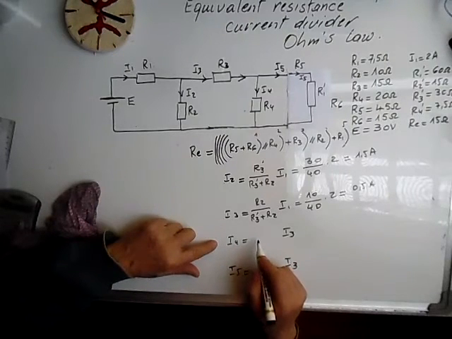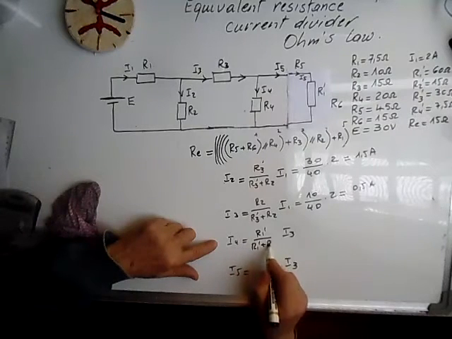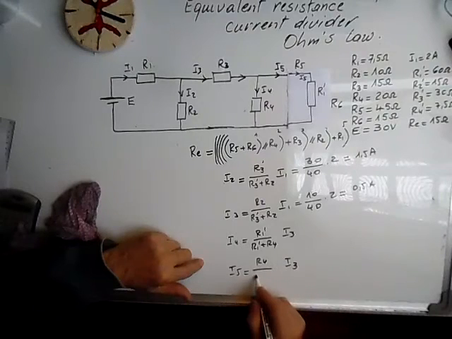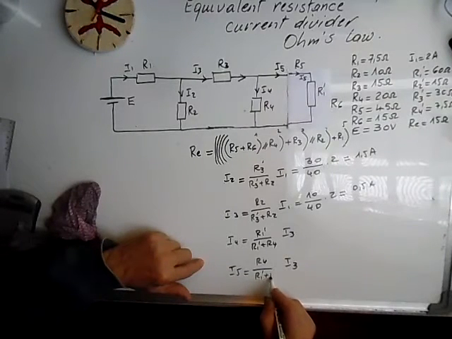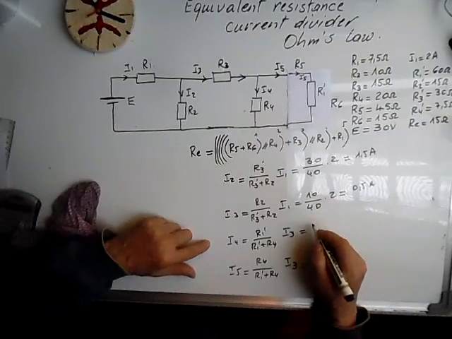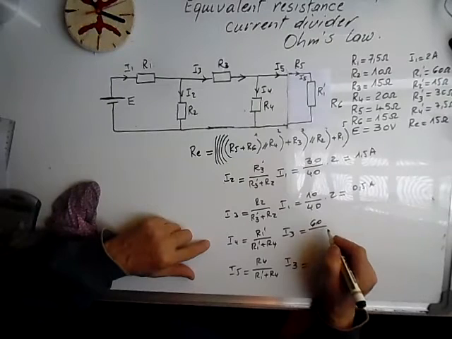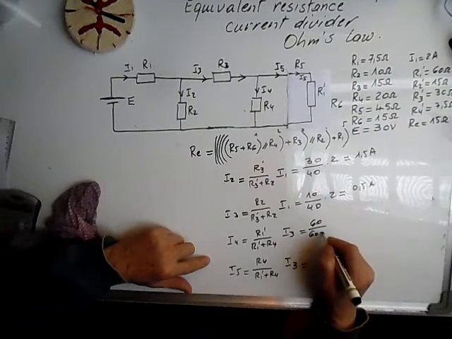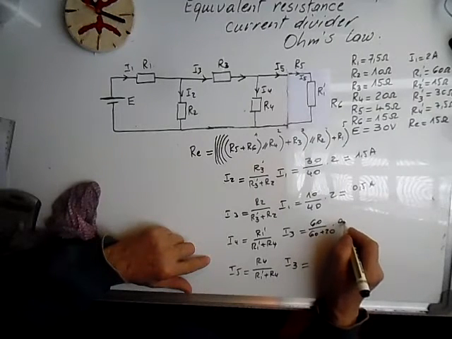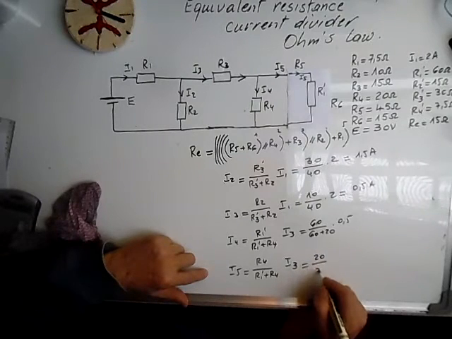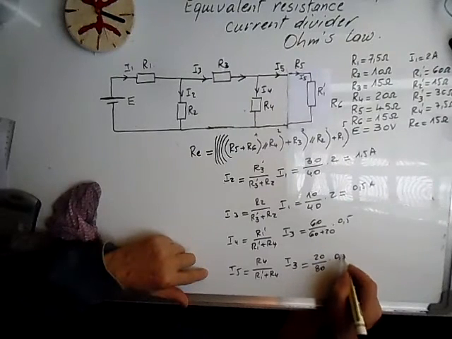I4 is equal to R1 prime over R1 prime plus R4, and here R4 over R1 prime plus R4 times I3. I4 is 60 over 60 plus 20 times 0.5, and I5 is 20 over 80 times 0.5.